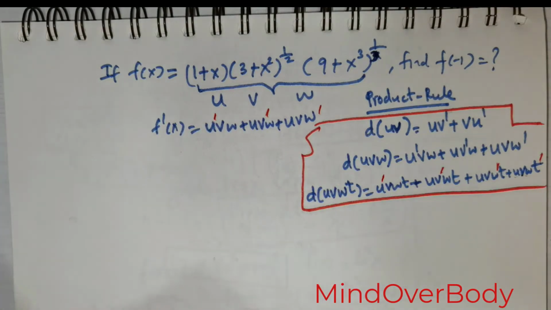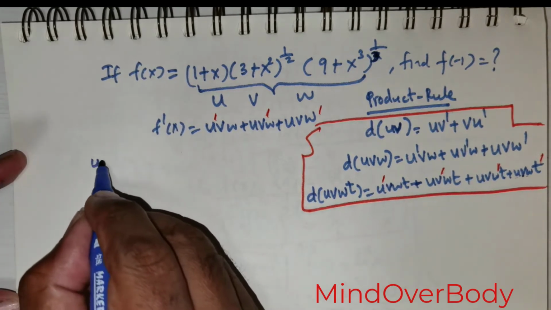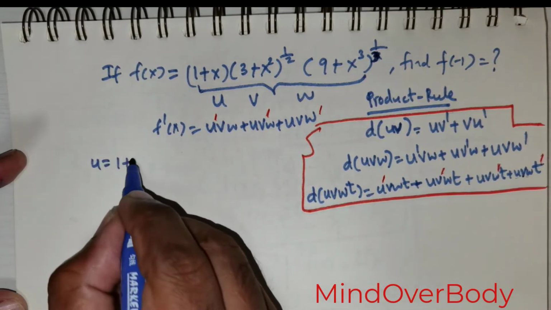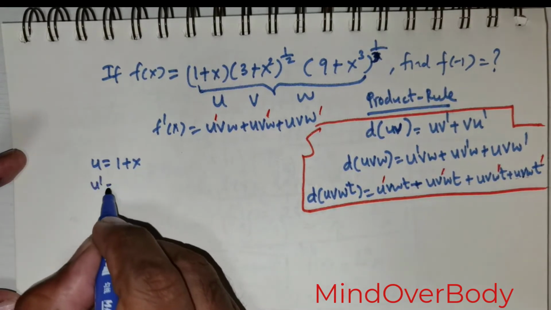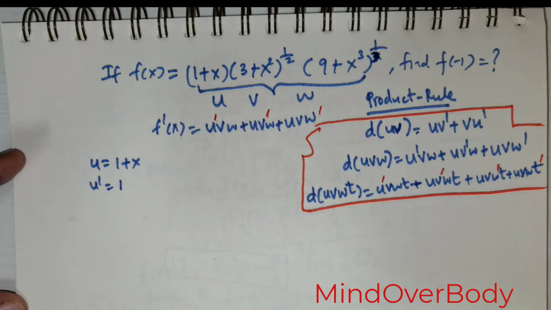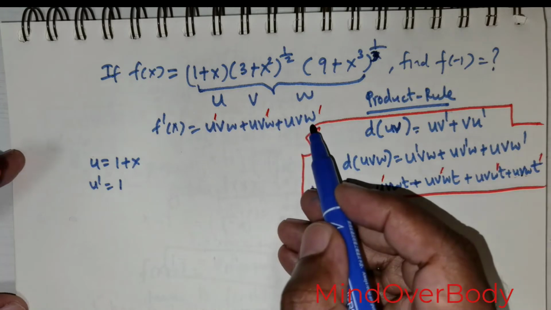So that's a formula we will be using. So my u is 1 plus x. Differentiation of my u, that's u dash, is going to be 1. So this is what I've got. Now I have to differentiate v dash and I have to differentiate w dash.